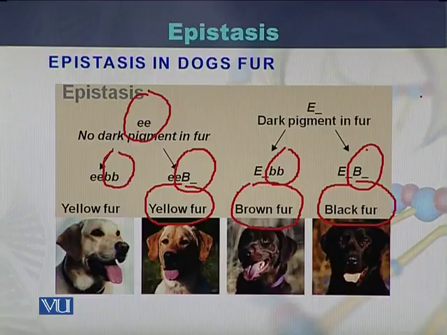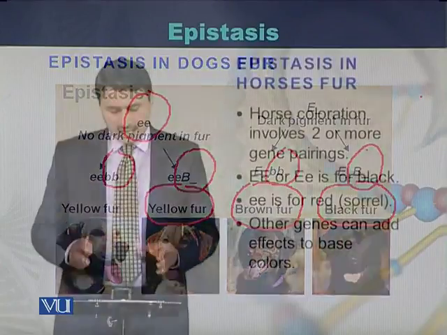It means the second gene affects the expression of the first gene. If there is only the first gene, the fur of the dogs will be either black or brown. But if the second gene is in homozygous recessive form, then the fur of the dogs will be yellow.